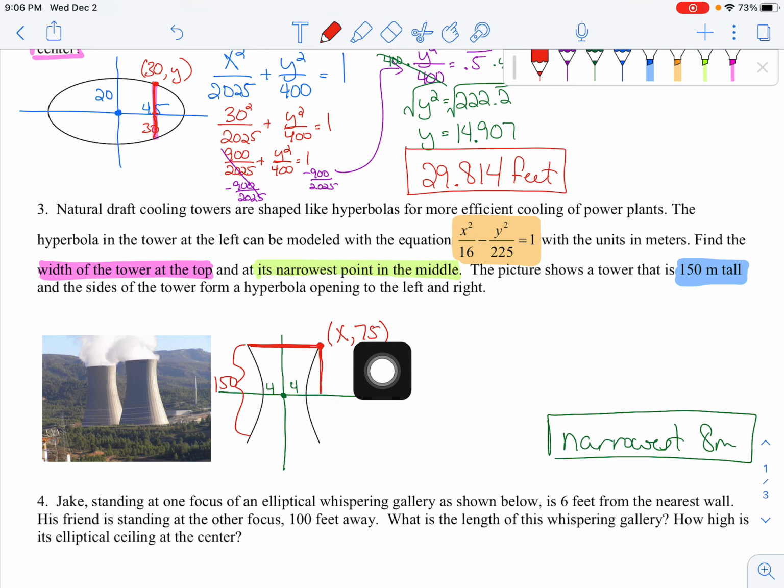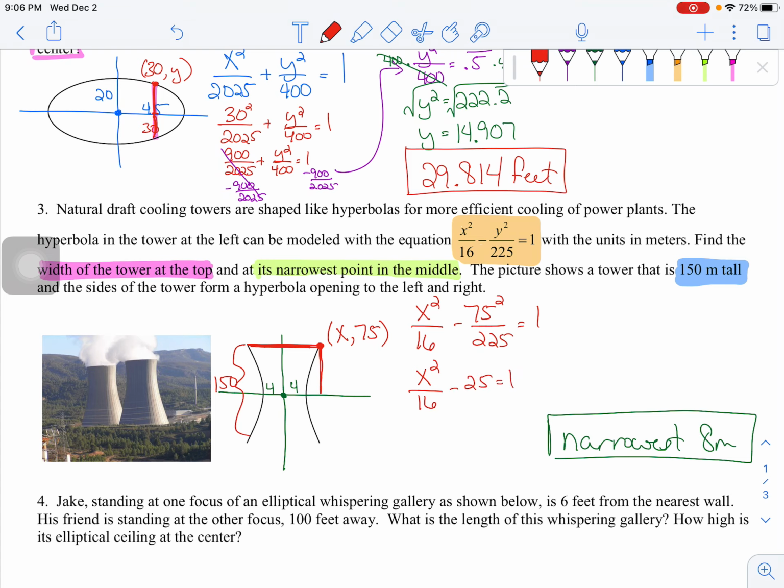Now, just like I did with the ellipse, I can go ahead and use these two, well, technically there's the y value in this equation and solve for x. So x squared over 16 minus 75 squared over 225 is equal to 1. Sorry about that. All right, so let's see, 75 squared over 225 becomes 25.